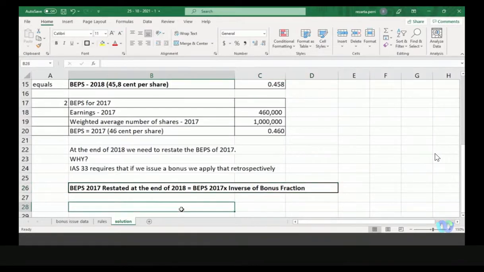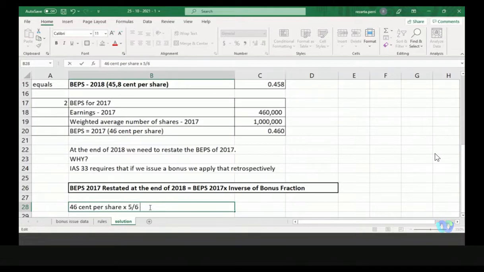That is, 46 cents per share will be multiplied with the inverse bonus fraction, that is 5 to 6. The bonus fraction itself is 6 to 5. The inverse is what we have as a denominator will become the numerator of the ratio and so on.